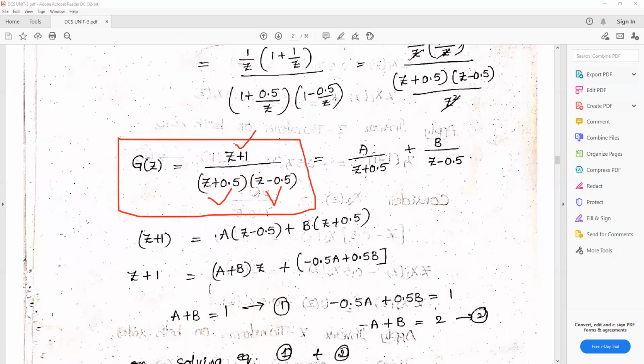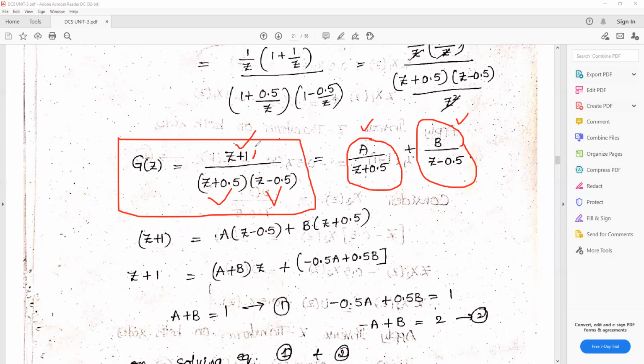So take the partial fractions: a by z plus 0.5 plus b by z minus 0.5.